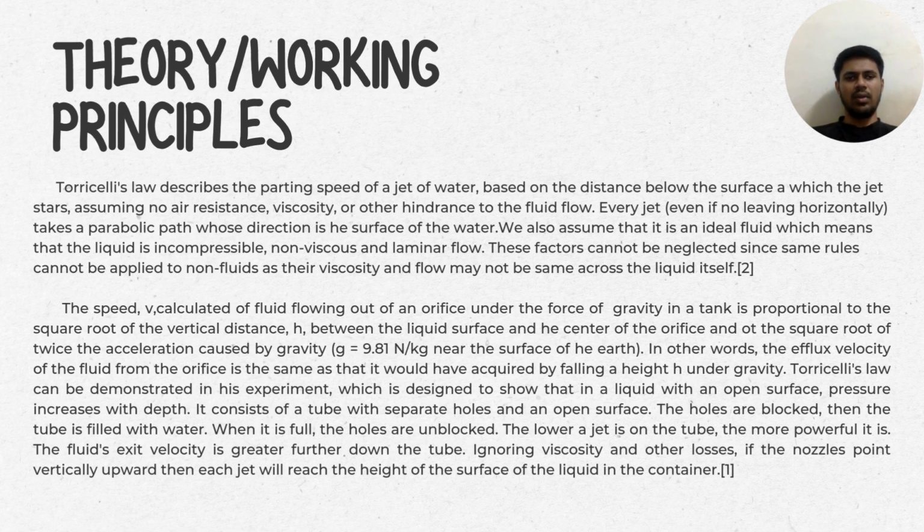The speed of fluid flowing out of an orifice under the force of gravity in a tank is proportional to the square root of the vertical distance between the fluid surface and the center of the orifice, and the square root of twice the acceleration caused by gravity near the surface of the Earth.